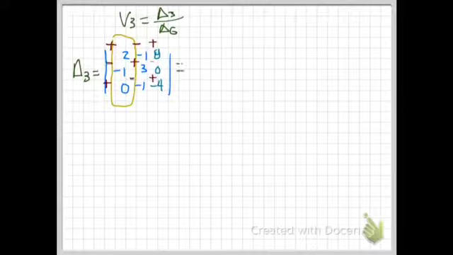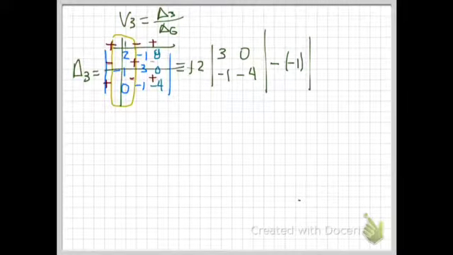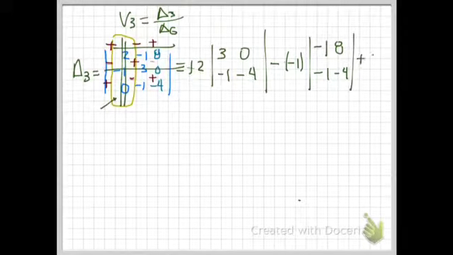Then we take the first number, it has a positive in front of it, and we cross the row and the column, and we're left with a matrix 3, 0, minus 1, and minus 4. We take the next number, which is minus 1. We cross the row, we cross the column, and we're left with a matrix minus 1, 8, minus 1, 4.